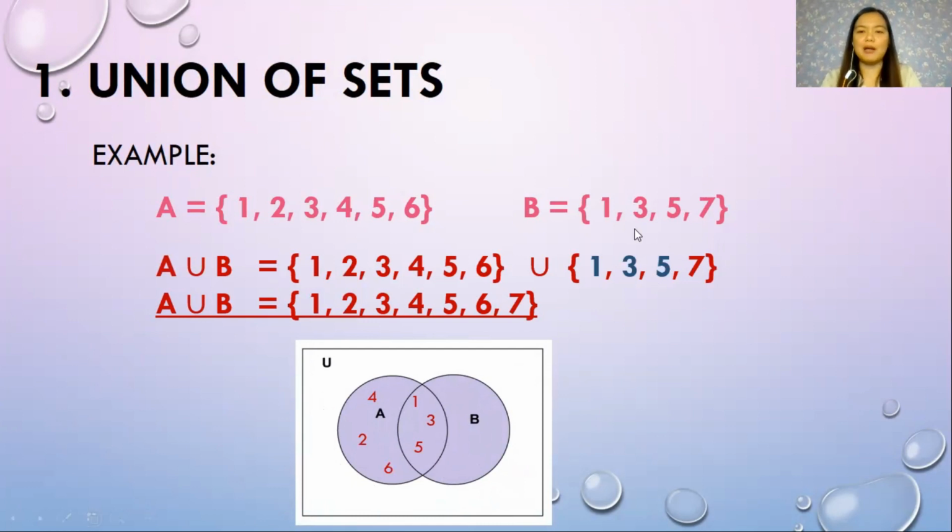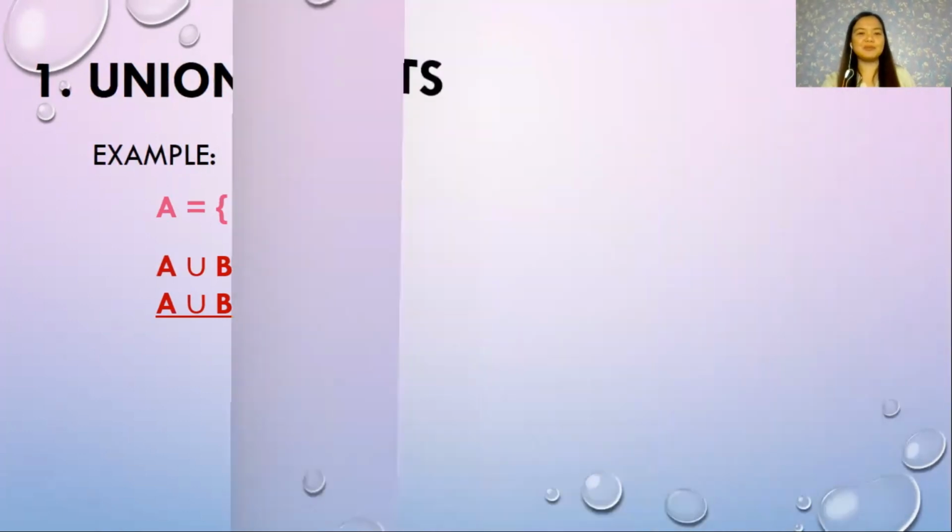Sa set B, nakapaloob din yung 1, 3, 5, 7. Dito ko na sinulat yung 1, 3, 5, kasi nandun na siya sa A at nandun na rin siya sa B. So, ang kulang na lang para mabuo lahat ng nasa B is 7. Ganon. So, another example.